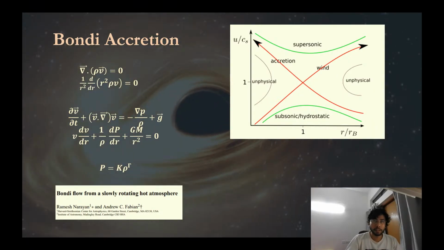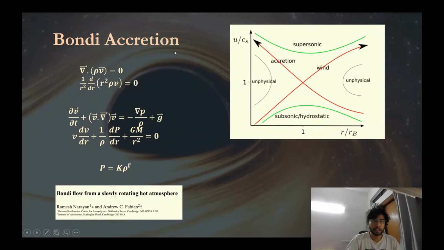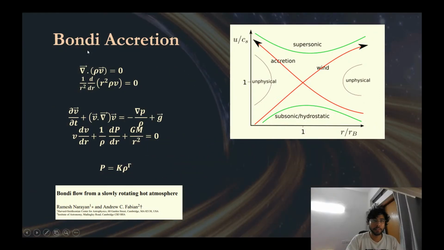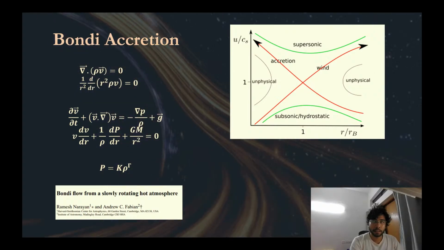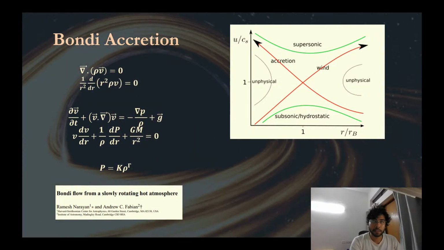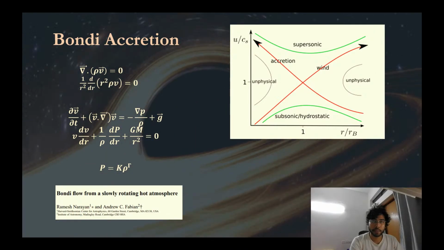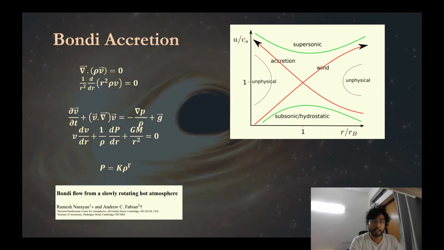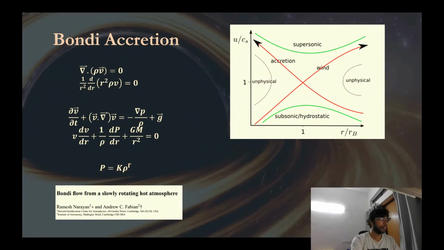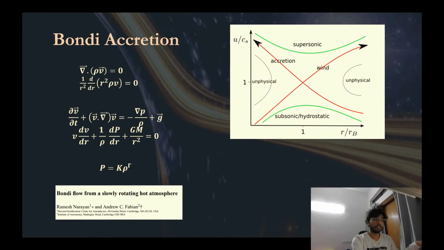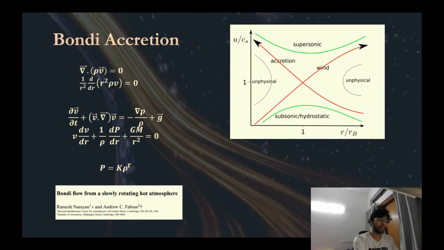Now, this is something that was not covered in the lecture, but the professor has covered winds. Theoretically, the solution for wind is very much associated with the solution for accretion. Wind is just the reverse of accretion.